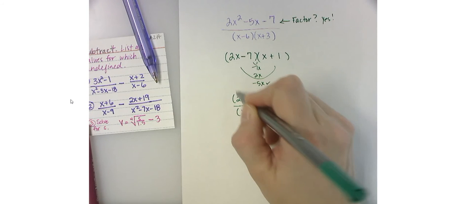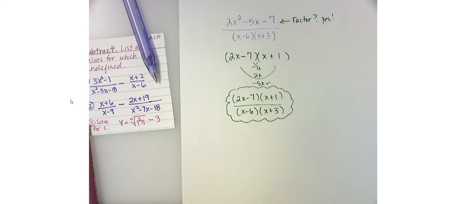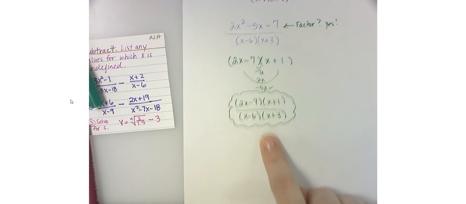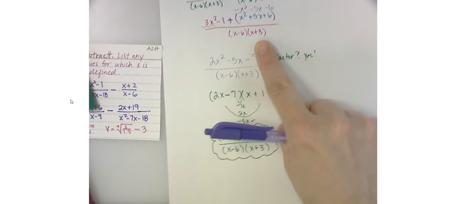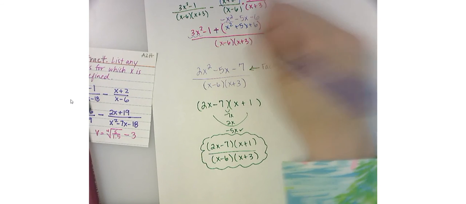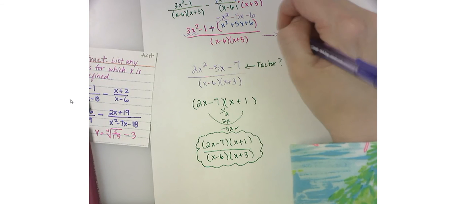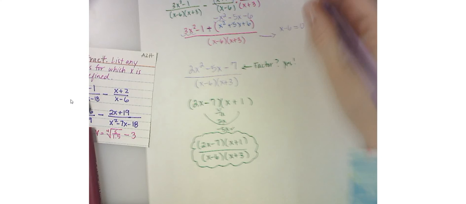Now, even if you do have something in common, when you're deciding what values for x are not going to work, okay, that's going to be related to the LCD. So if you have x minus 6, x plus 3, we know that we can't have this quantity, x minus 6 equals 0. We can't have the quantity x plus 3 equals 0.